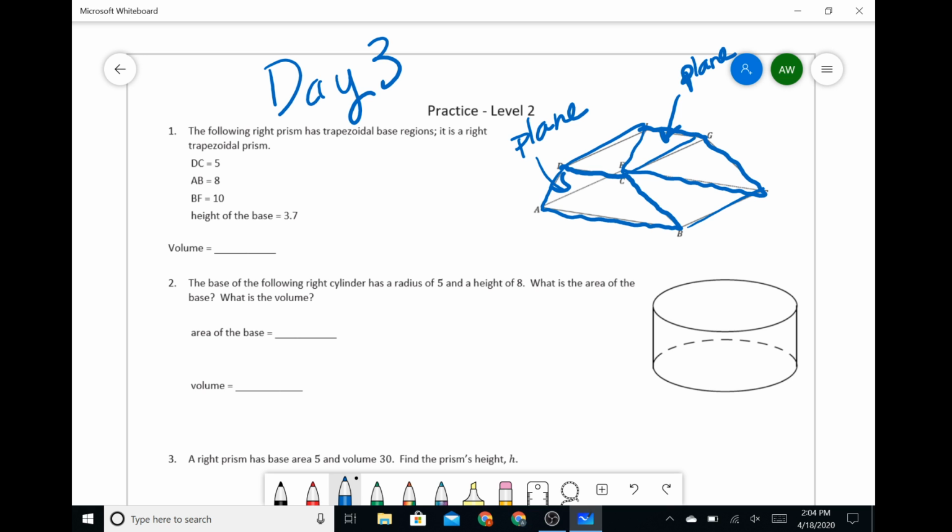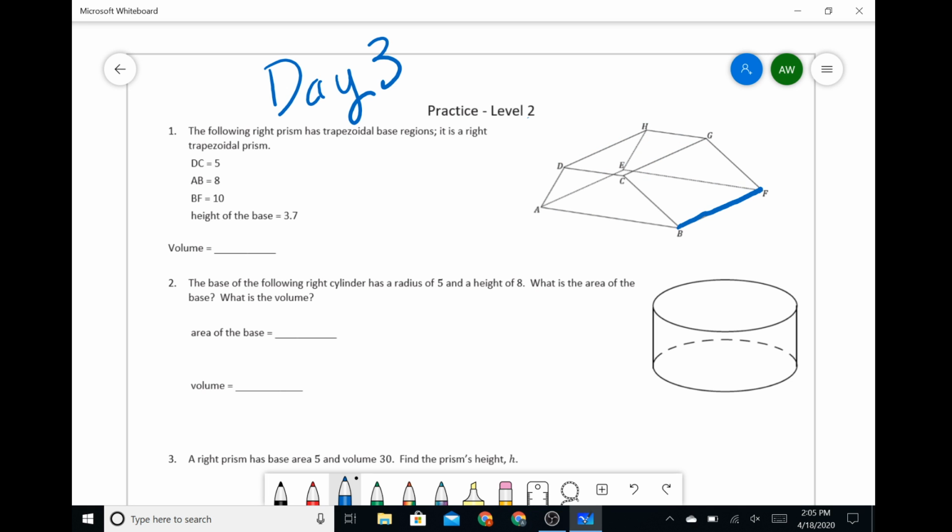And the important part of us realizing that is that the trapezoid is the base, and the height is going to be this length here, right? This is the height of the prism itself rather than the trapezoid, right? So we've got the height of the trapezoid, which is going to be something like that, right? And then we've also got the length of the base.